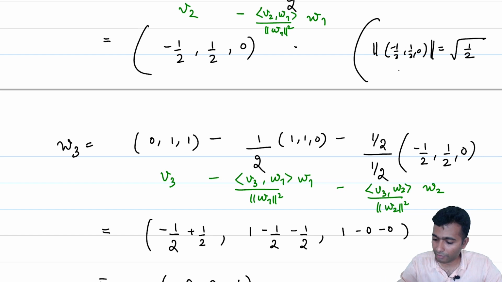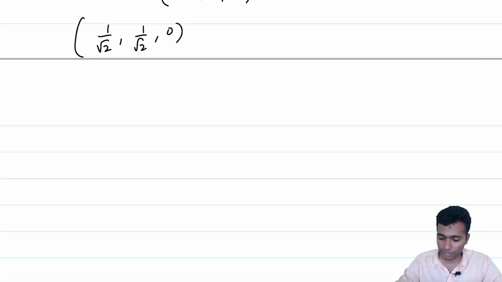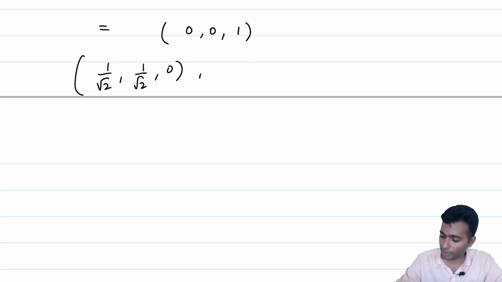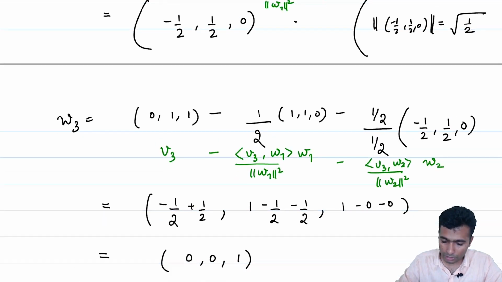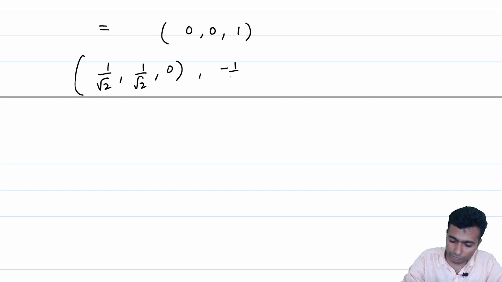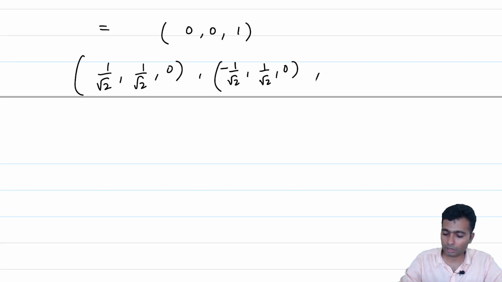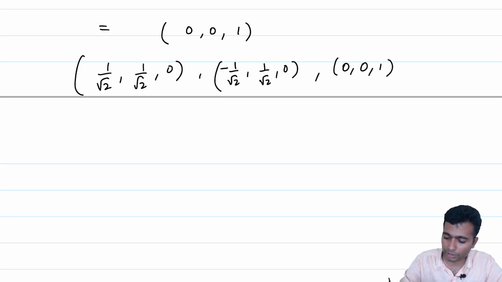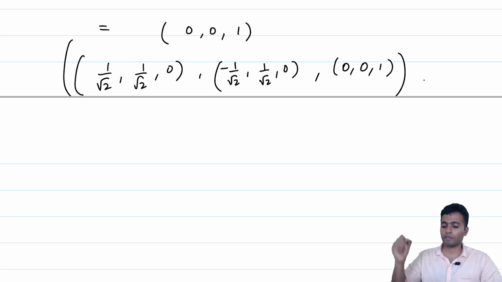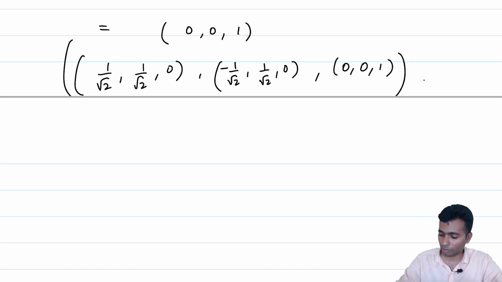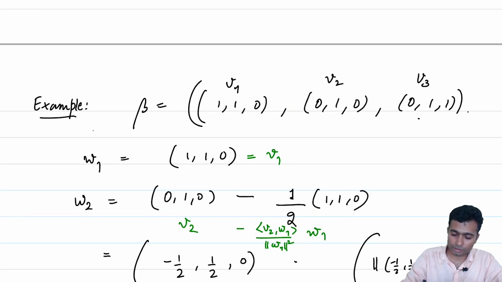So when we divide by it, we finally get 1 by root 2, but now the sign changes, and we get minus 1 by root 2, 1 by root 2 and 0. The third one is already unit length. So this is what we get as an orthonormal basis by applying Gram-Schmidt orthonormalization to this basis.